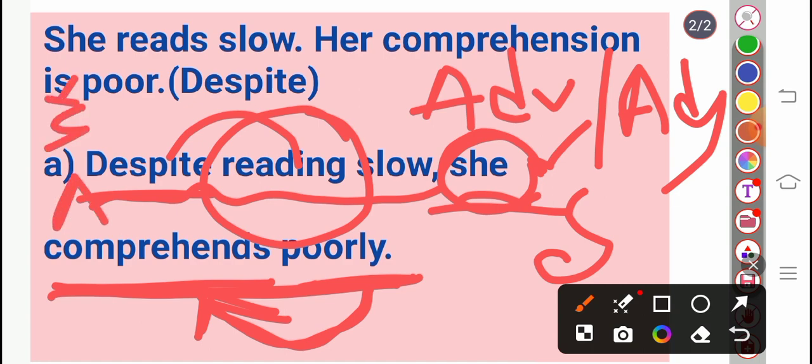We cannot write down the subject, but the reference, this is called subject reference. That means the subject of the principal clause and the subject of the verb reading will be the same. Otherwise it will be called dangling, which will be wrong in the sentence.